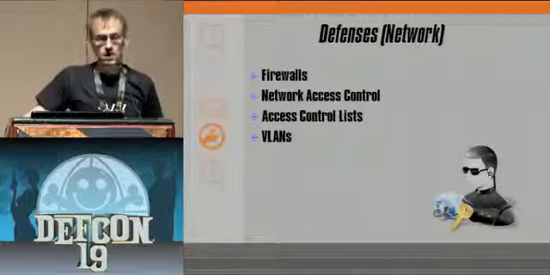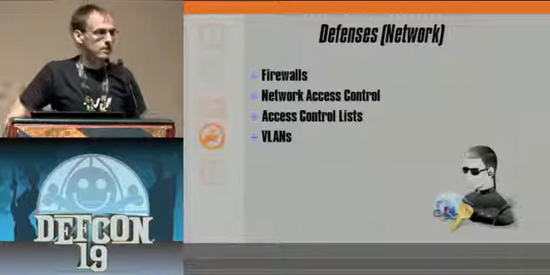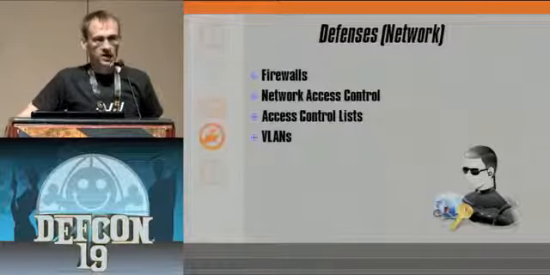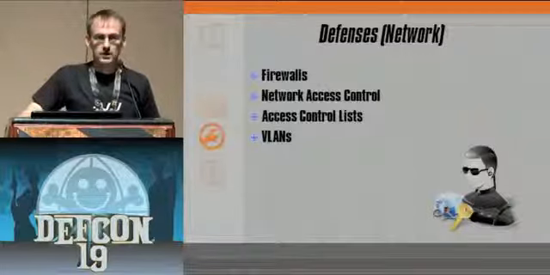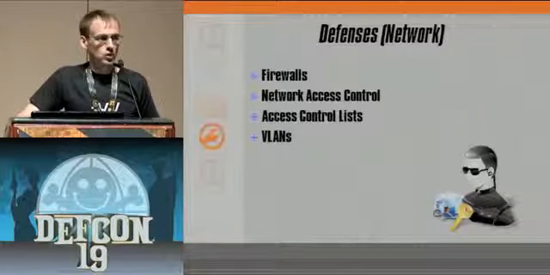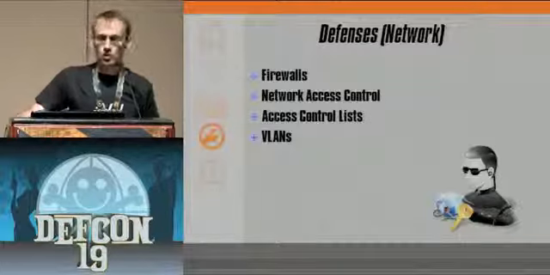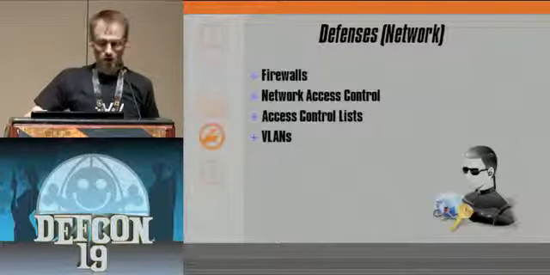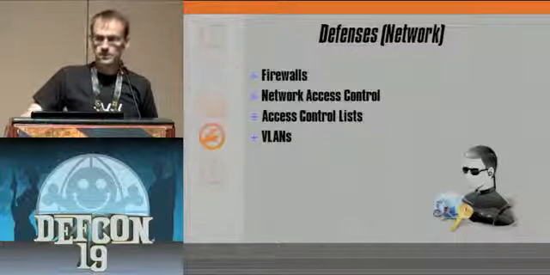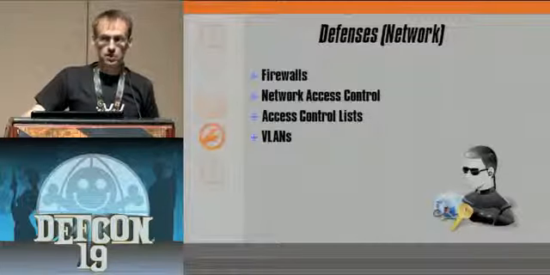Access control list, there's a possibility there. There is a good possibility there, but I think that access control list is probably not the best solution for this. But if you have nothing else, you can do that, but you do have to keep in mind what you break out there. All right, and of course VLANs. VLANs are great. They're doing a great job out there.